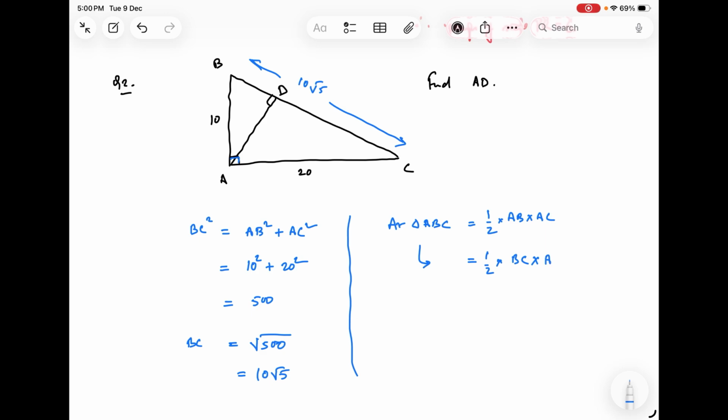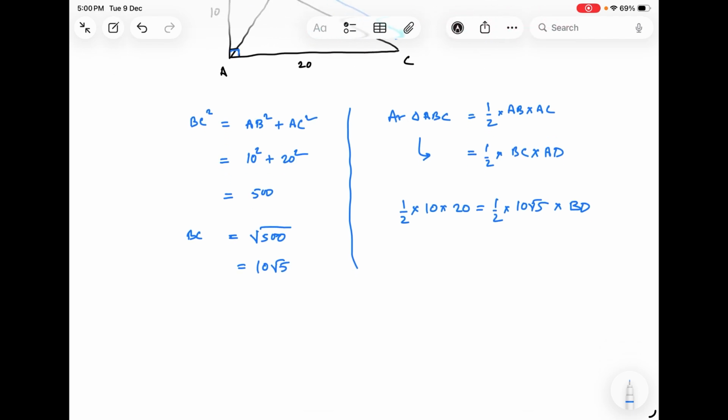Since it's the area of the same triangle, we can equate them.